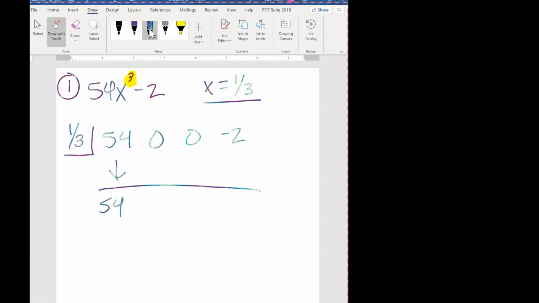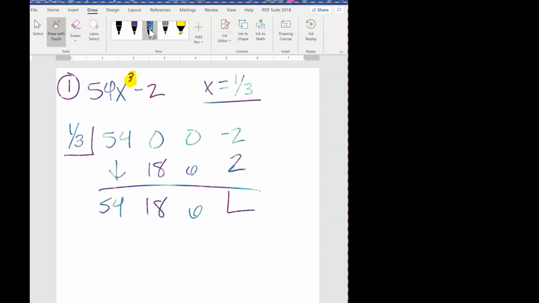Then I'm going to say 54 times 1/3, and I get 18. Then we add. 0 plus 18 is 18. 1/3 times 18 is 6. Drop it down, or add it. 1/3 times 6 is 2.